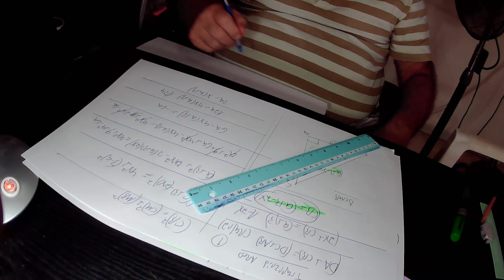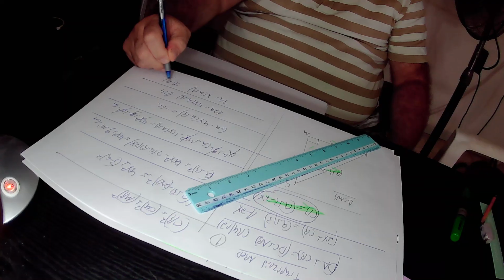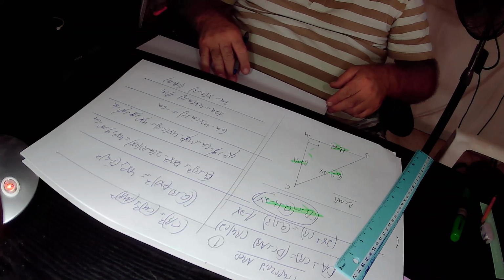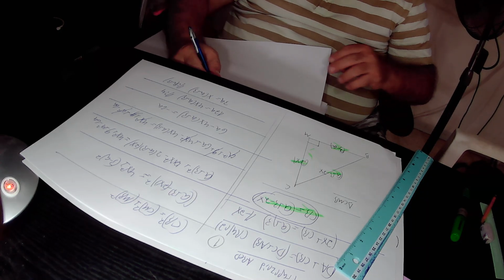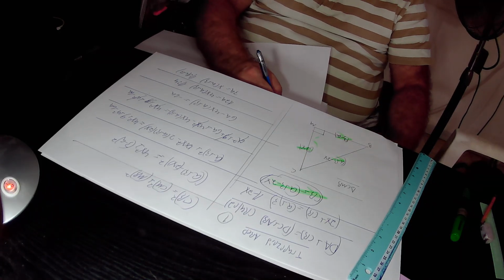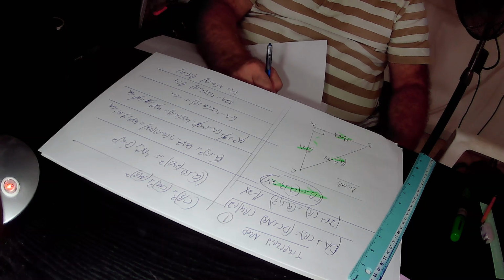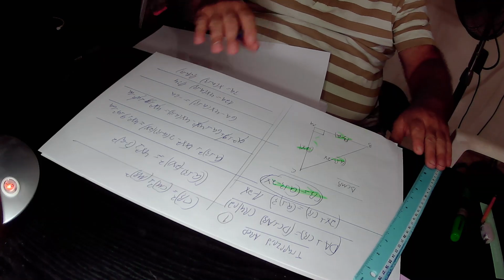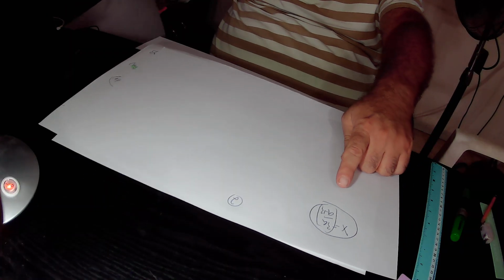Here we divide this equation by A plus 3, and finally we get that x, that is the radius of the circle, is equal to 3A over (A plus 3). And again, we found out that x equals 3A over (A plus 3).